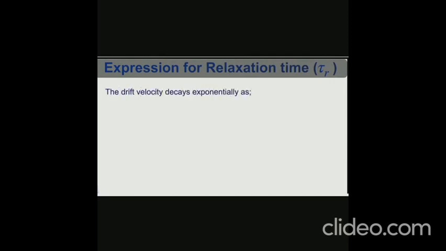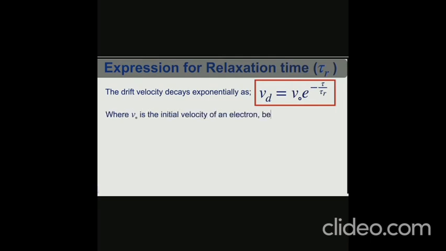Now let's see the expression for relaxation time, tau r. When the metal is subjected to an external electric field, the electrons move opposite to the applied field. At the removal of the electric field, the drift velocity decays exponentially as Vd equals V naught times exponential of minus tau divided by tau r, where V naught is the initial velocity of an electron before application of the electric field and tau r is the relaxation time.